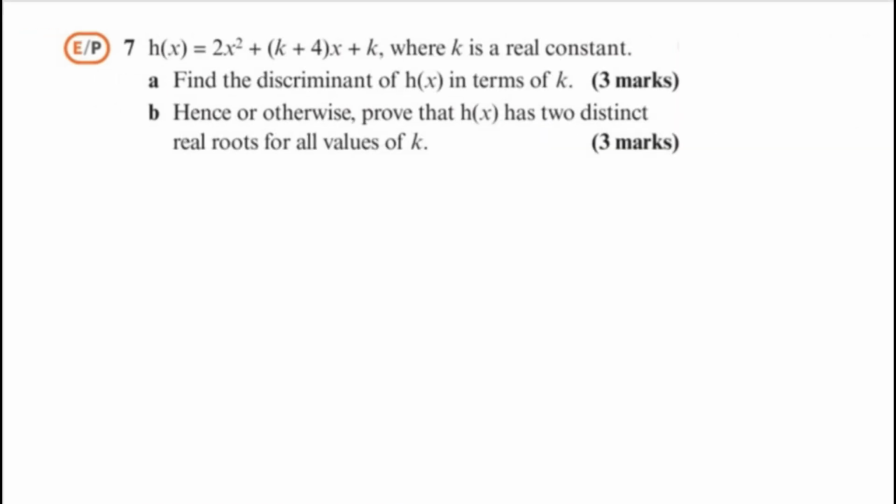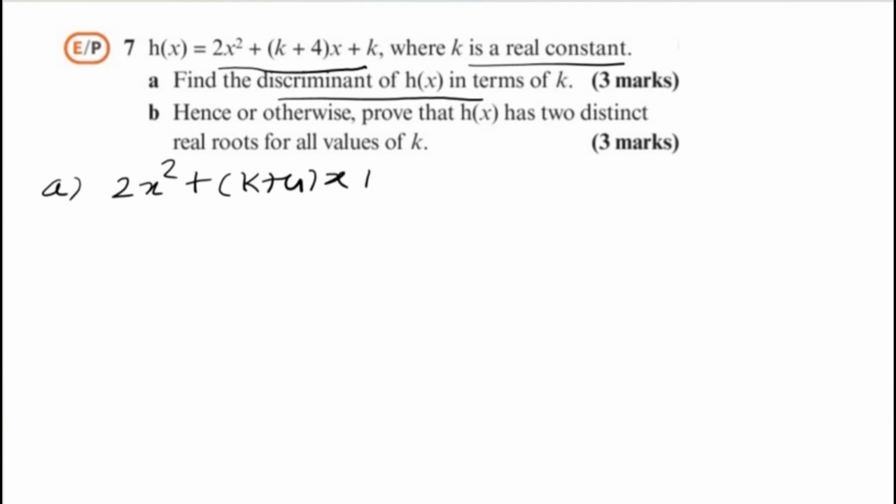Next question is question 7. h of x is equal to 2x squared plus (k plus 4)x plus k, where k is a real constant. Find the discriminant of h of x in terms of k. So first we will do part a. For that, 2x squared plus (k plus 4)x plus k.